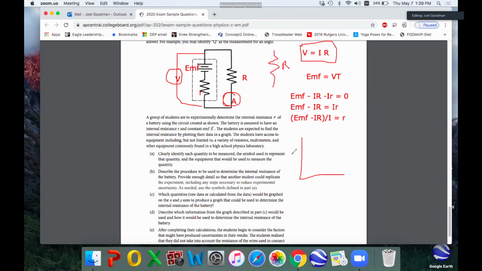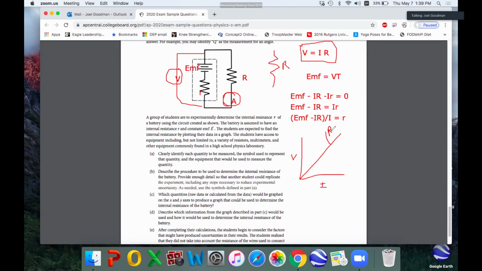So what if I made a graph of voltage versus the current? What would that graph look like? Straight line. And what would the slope of that line be? Resistance. It would be R.